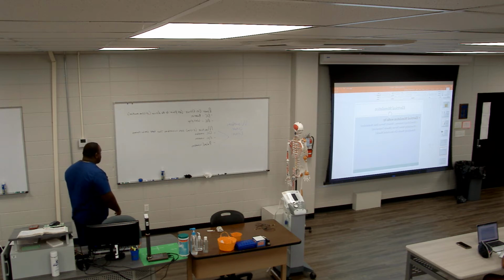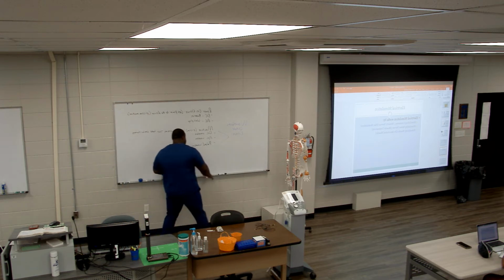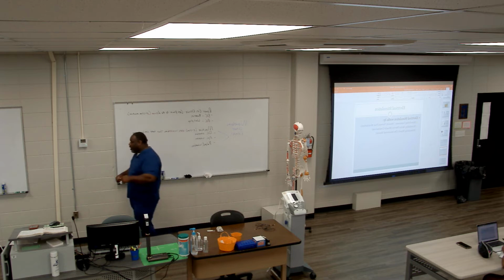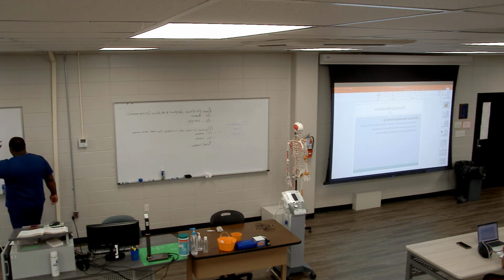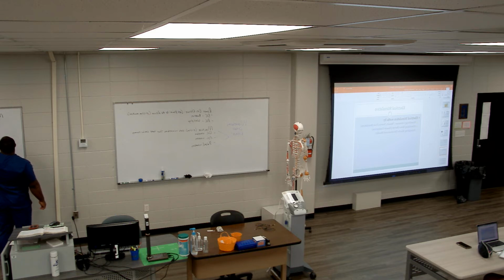So motor nerves work by starting with the brain. Your brain tells your body to move. Let's say I'm trying to flex my shoulder, that information comes originally from my brain.